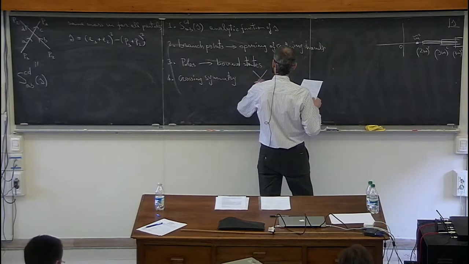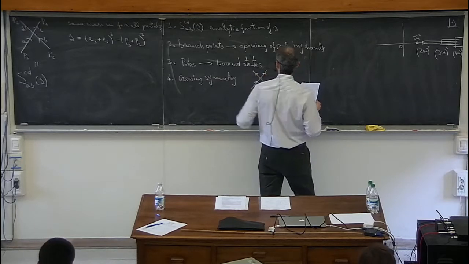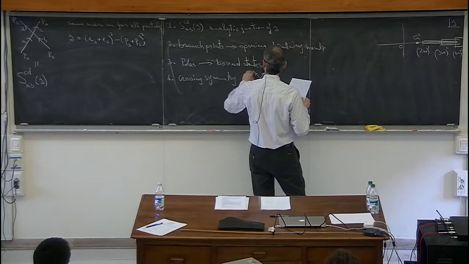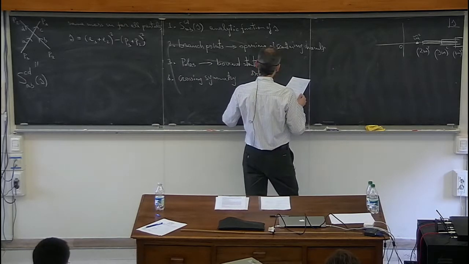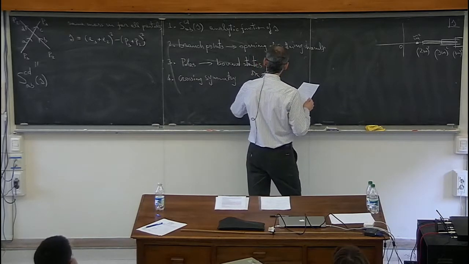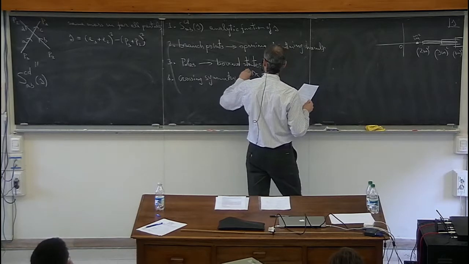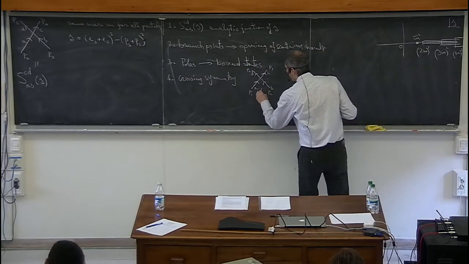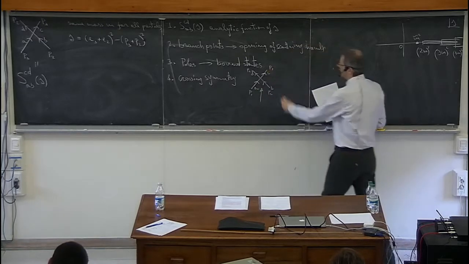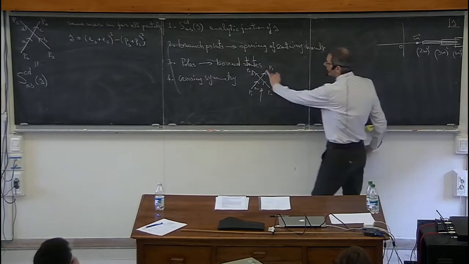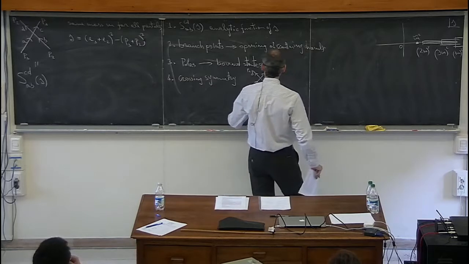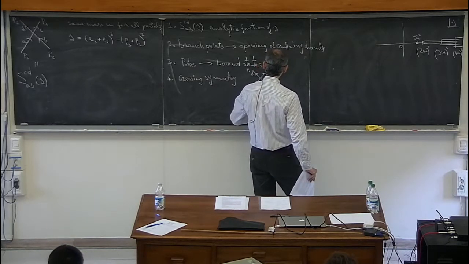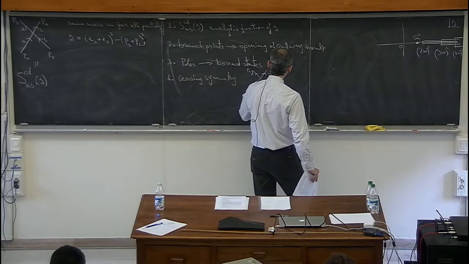We are looking at the scattering in this way: A, B, C, D, with momenta P1, P2, P1, P2. So for us, time is running this way, upwards. So when you look at the amplitude in this way, this is called the direct channel for the scattering.